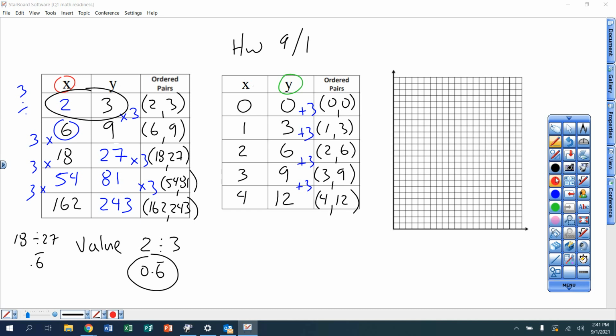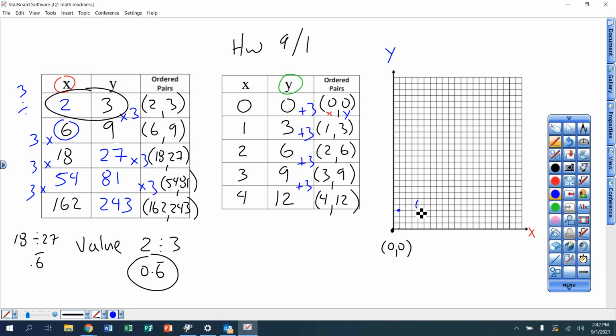Plot them. First is x, second is y. So know that this is the x-axis. Second word is whale. This is the y-axis. So to plot them, 0, 0 means right here, not going anywhere. 1 for x, go over 1 on the x-axis once, and then from there, look at the y number, over 1, up 3.